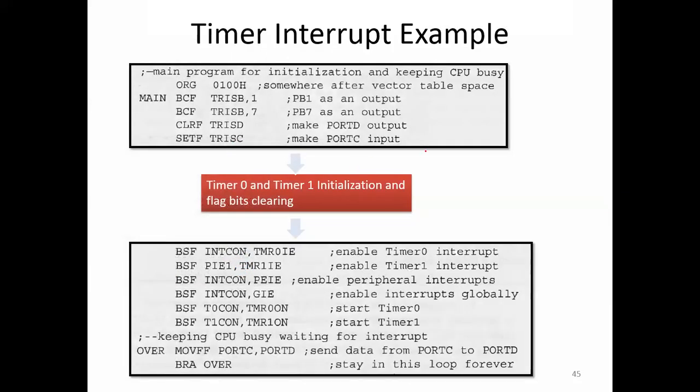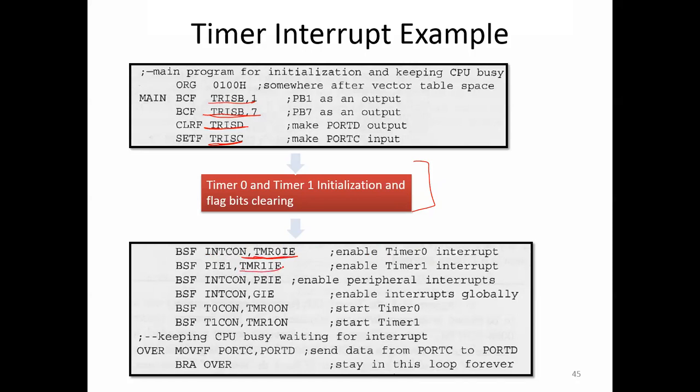In the main, we have the input output configuration, interrupt configuration, and timer configuration. Let's start with the input output configuration. B1 should be output, B7 should be output, D should be output, and C should be input. Then we see in the next slide the timer configuration. For the interrupt configuration, we have to enable the timer 0 IE.